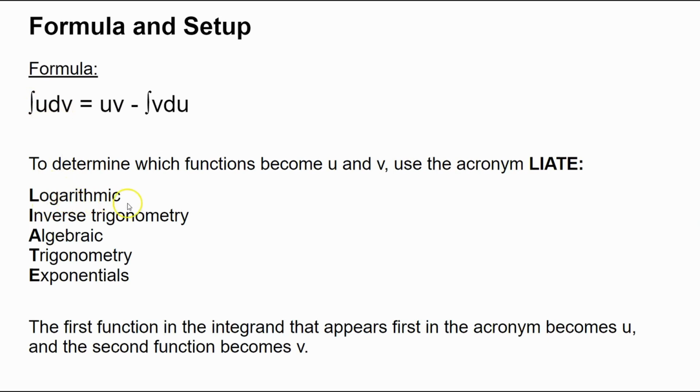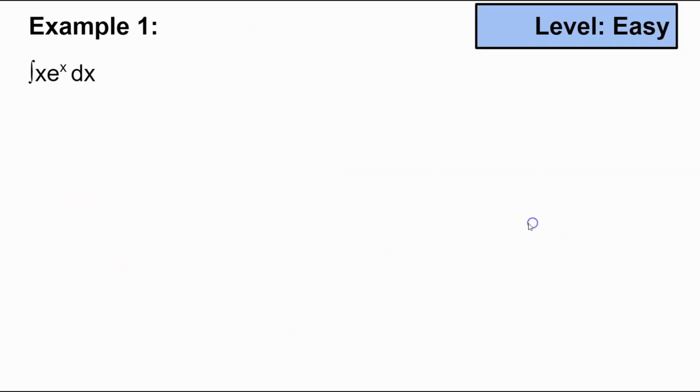So let's say one of the functions in your integrand is a log function and the other one is a trig function. Whichever one comes first, so a log, becomes u, and the other one, which is trig, becomes v.